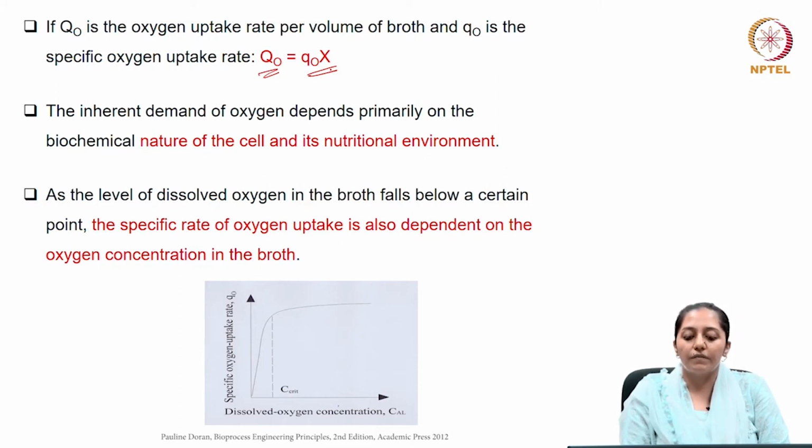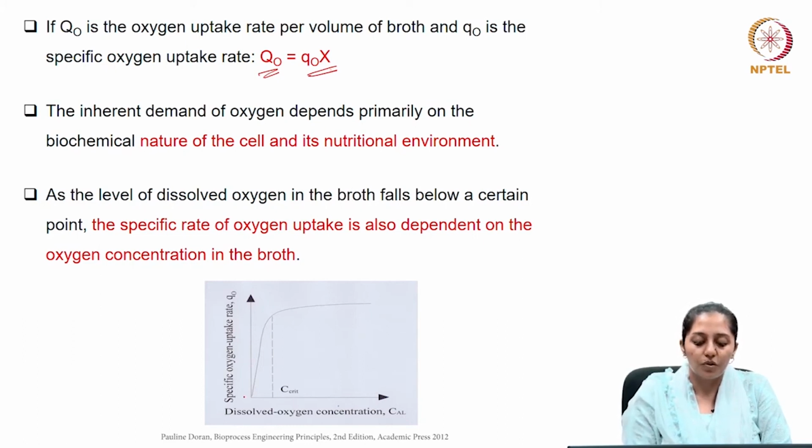Now, as the level of dissolved oxygen in the broth falls below the critical oxygen level, this inherent demand of oxygen, which we call the specific rate of oxygen uptake, starts becoming dependent on the oxygen concentration of the broth, which is mostly linear. If you see the plot on the slide, between specific oxygen uptake rate and oxygen concentration, it follows a saturation curve.